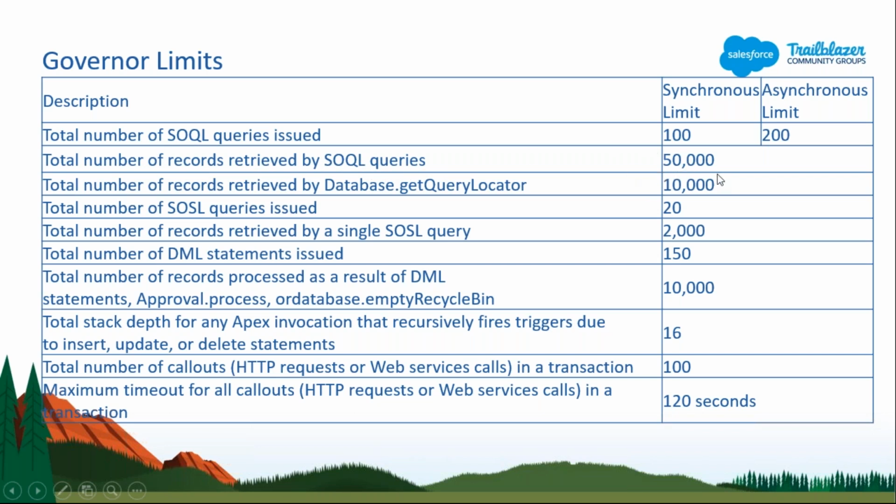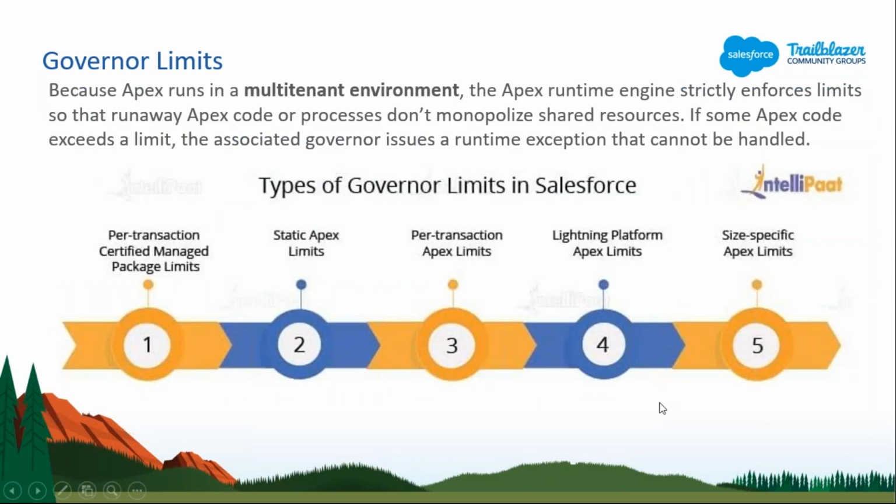You should keep in mind that 50,000 is the limit, and how many DML statements we can issue per transaction: 150. These are some governor limits you should remember all the time, because every single interview will have this question.